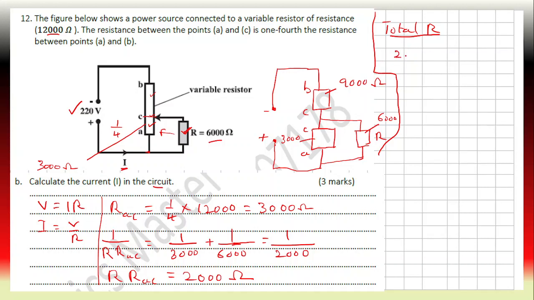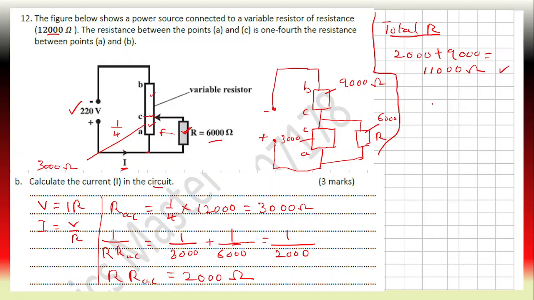We'll have the 2,000 added to 10,000, and we end up with 11,000. So the combined resistance of all this is 11,000.